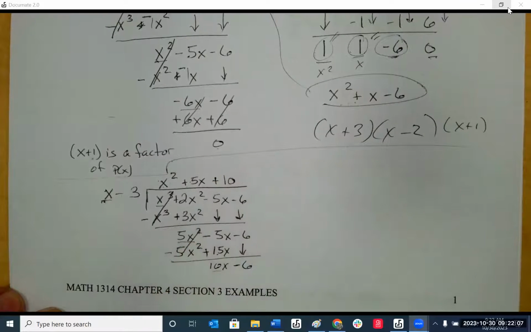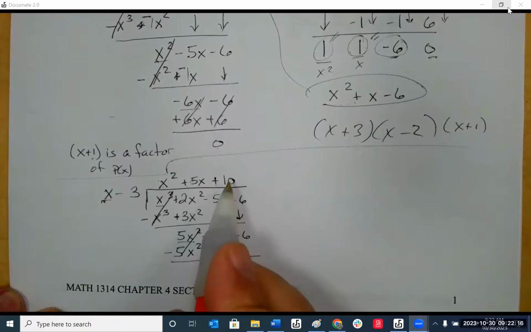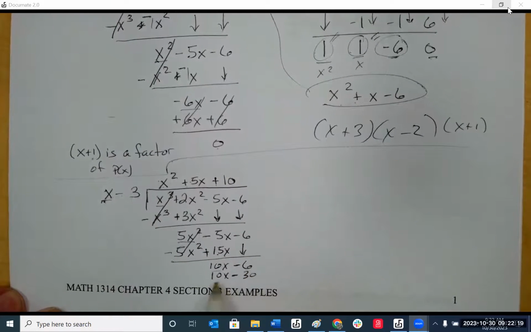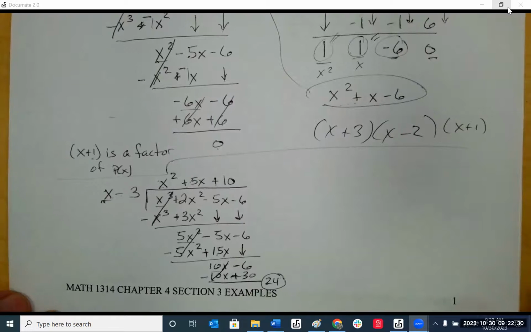A positive 10. You can't forget the signs. 10 times x is 10x. Positive times negative is negative. 10 times 3 is 30. Change the signs and add. The remainder is 24. So it's not a factor.